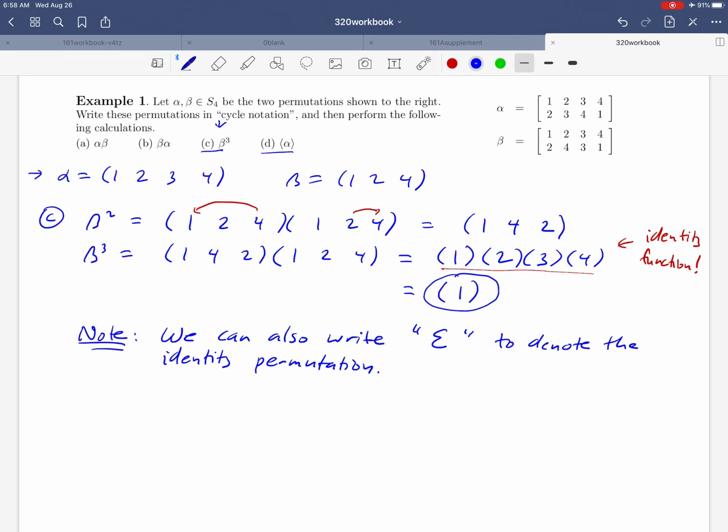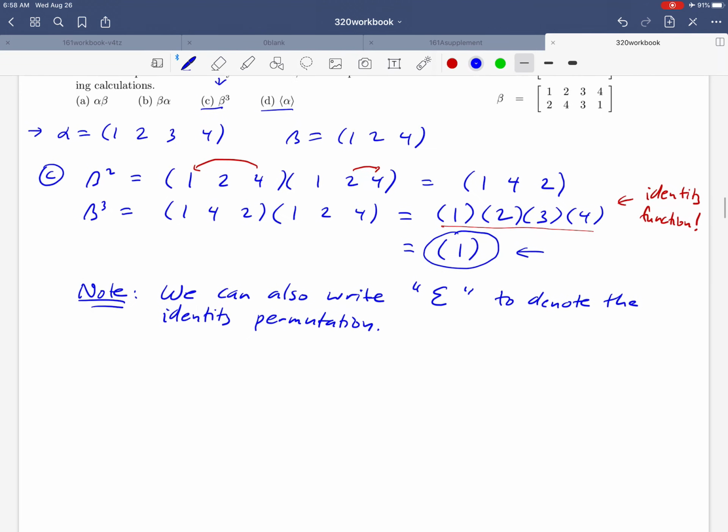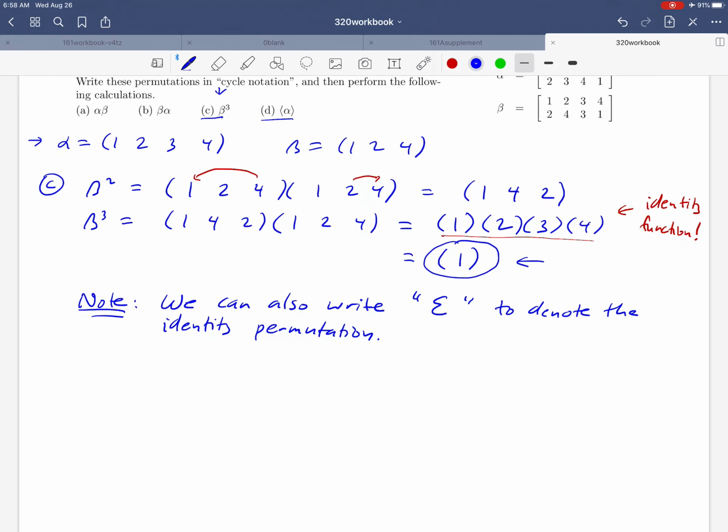That's just a notation that somebody chose. So when you see epsilon in the context of our course, that's just another way of representing the identity permutation, generically, in any symmetric group. So we have completed the calculation for C.